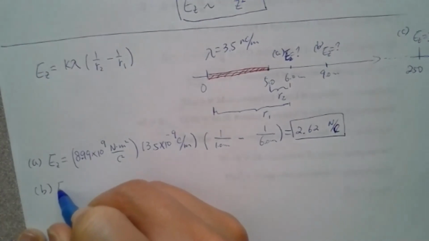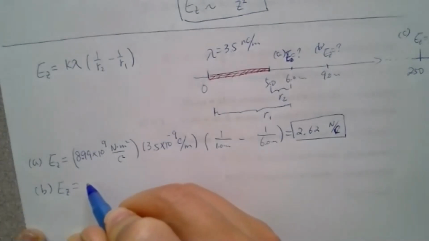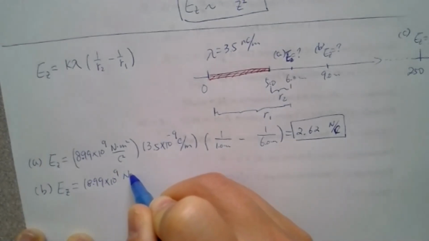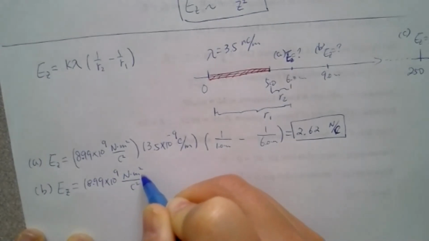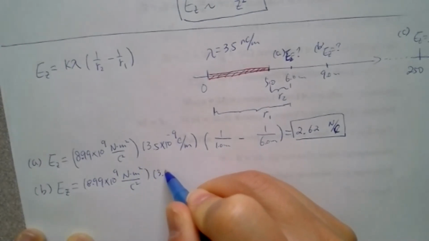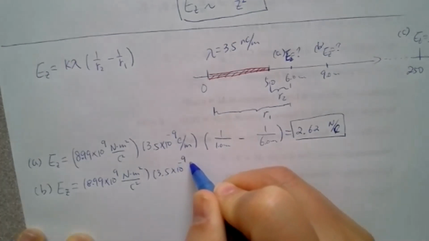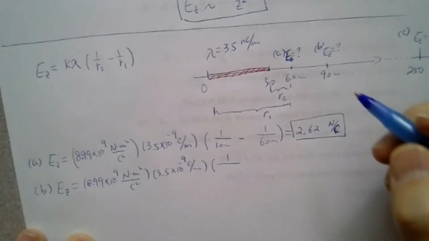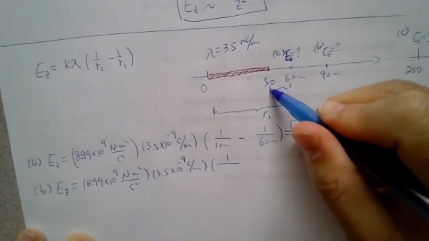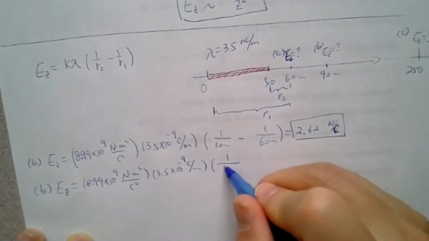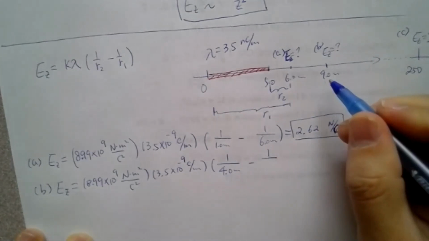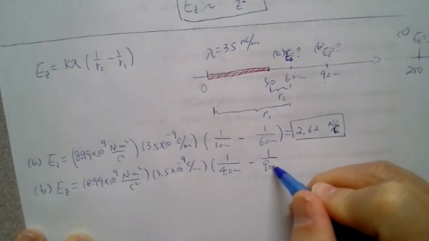Part B, again do the same: E is equal to 8.99 times 10 to the 9th newton meter squared over coulomb squared, the same lambda. In this case, 1 over r2 will now be 9 minus 5, which gives you 4 meters, minus 1 over 9 minus 0, which is 9 meters.